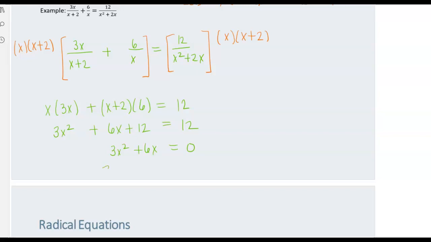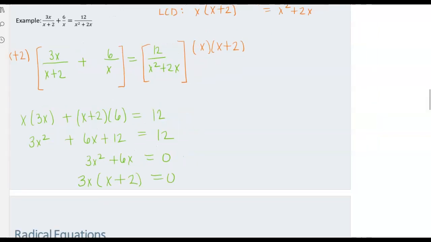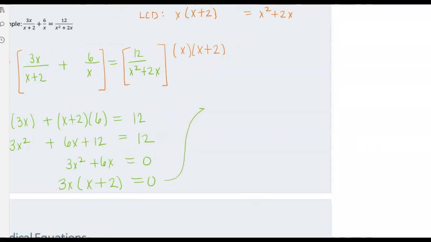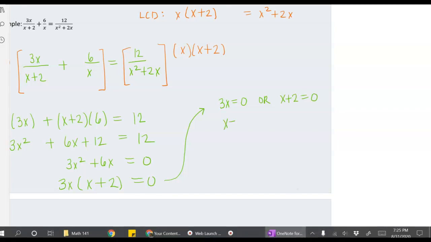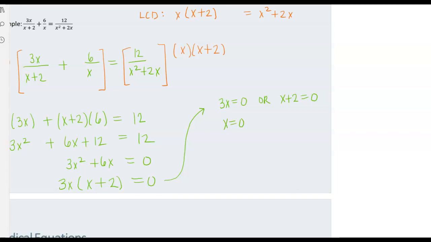Let's factor out a 3x. So I'm getting that either 3x is equal to 0 or x plus 2 is equal to 0. For the first equation, x is equal to 0, and for the second equation, x is equal to negative 2.